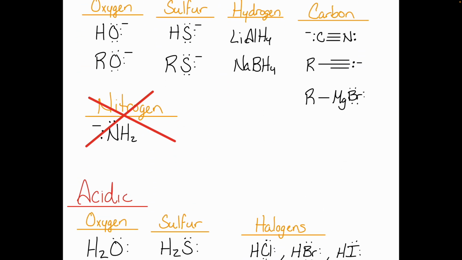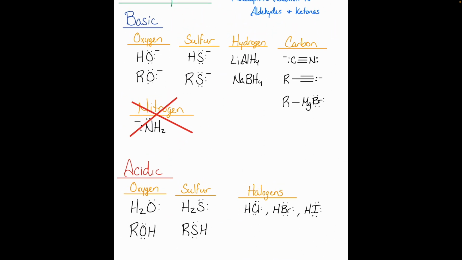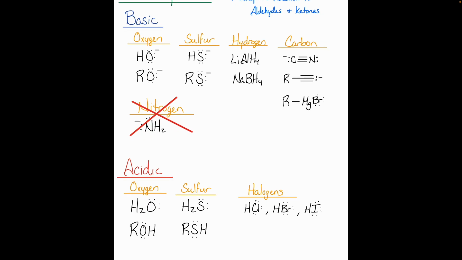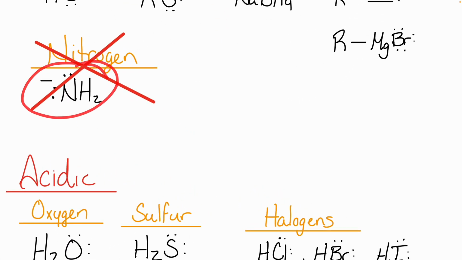One of the things that we noted that we were going to exclude from that list are these nitrogen nucleophiles here, right? This amide ion here is indeed a very good base, and it's a nitrogen nucleophile. But what we're going to see next chapter is that these really strong bases react with our aldehydes and ketones in a different way than these nucleophilic addition reactions.